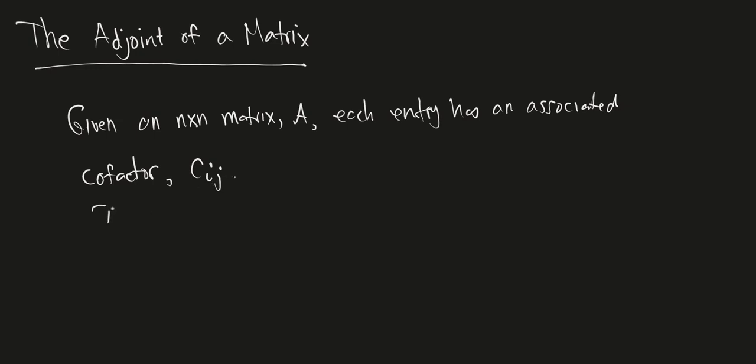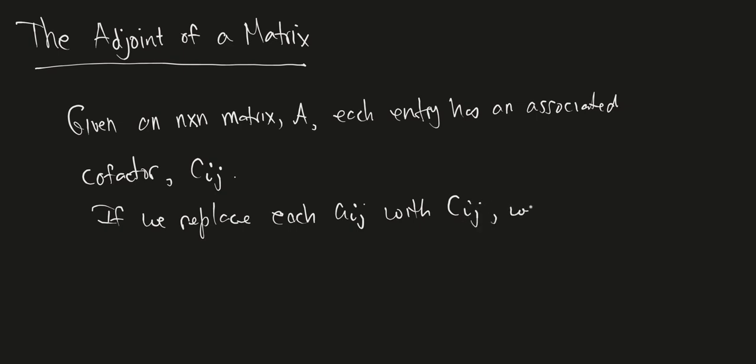So if we replace each Aij with the corresponding cofactor Cij, we form what is called the matrix of cofactors.